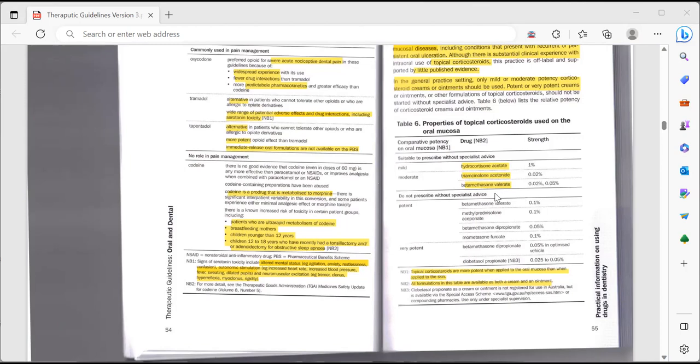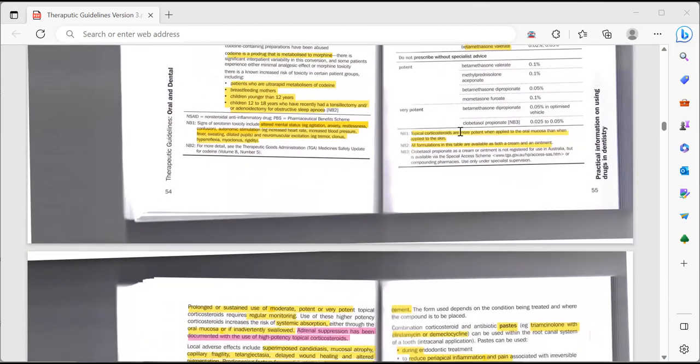Because if the betamethasone valerate concentration increases to 0.1%, then it would come under a potent drug. So you need to remember. But to be honest, from the exam point of view, if in any situation we need to prescribe any topical corticosteroid, then we are only prescribing this 1% hydrocortisone acetate.